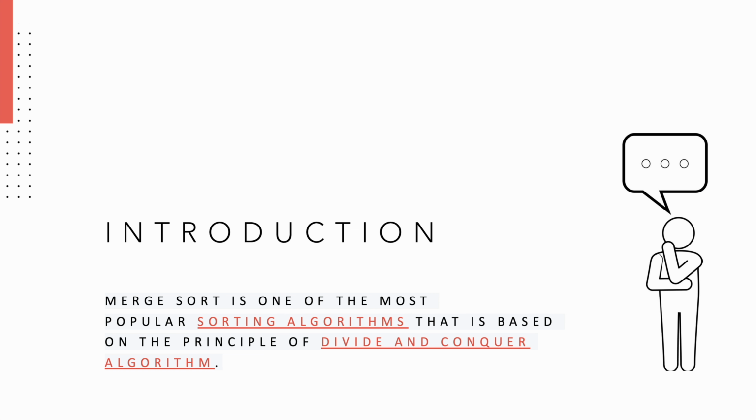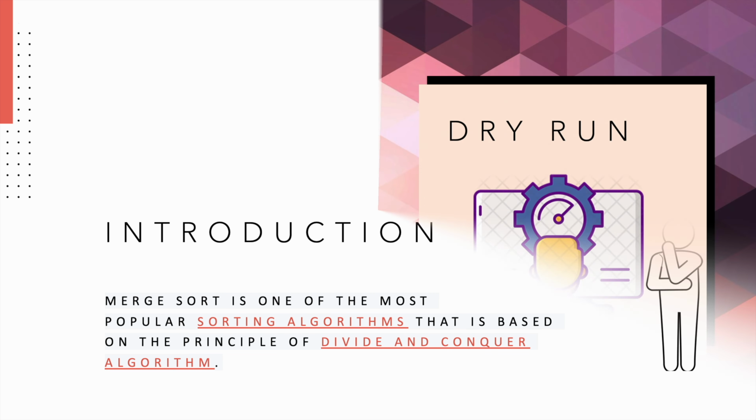After getting those single elements, after completing step one of divide, we use conquer to merge those elements with the sorting technique. So at the end we get a sorted array or sorted list through merge sort. Let's see the dry run of this algorithm to have a better understanding.